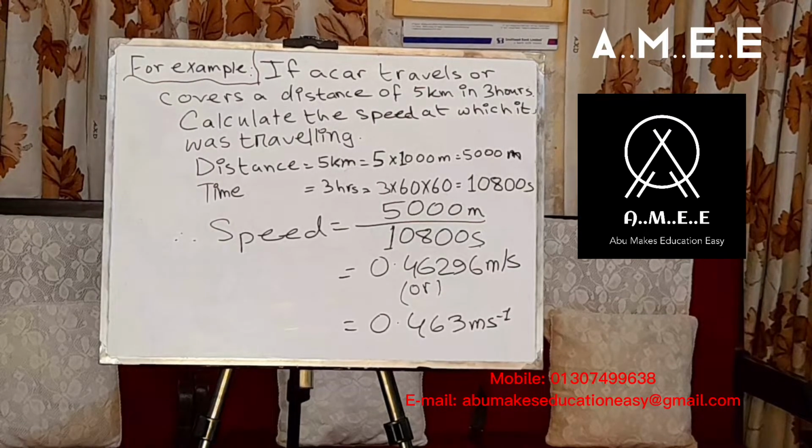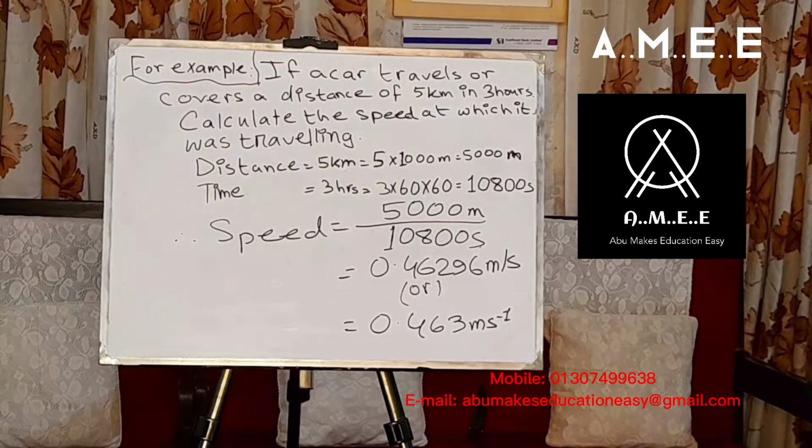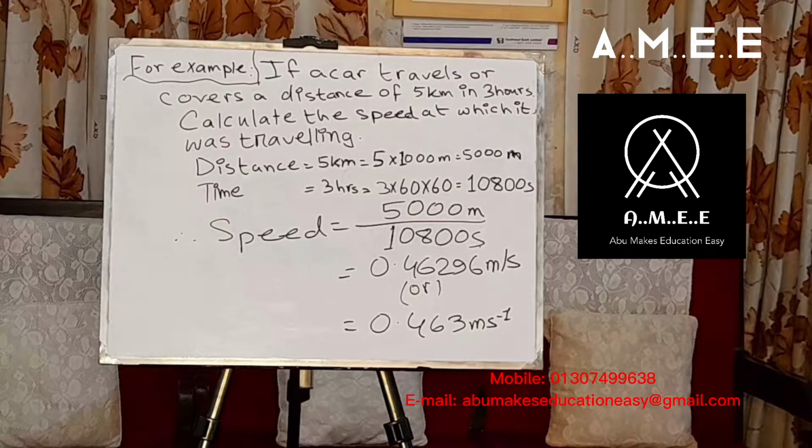The things given here are the distance and the time. The thing we are asked to find is the speed. So the speed equals, we know the formula, distance over time.